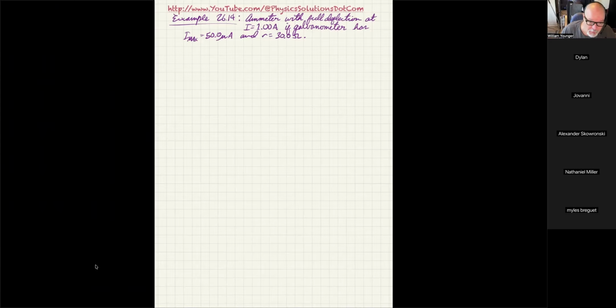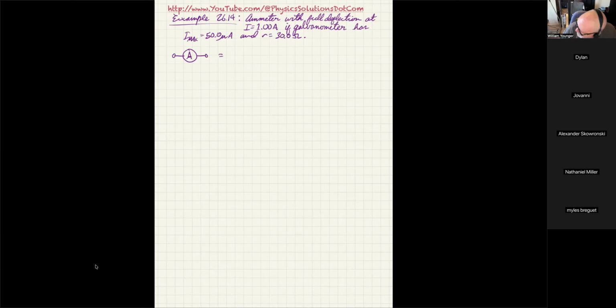So the way we make an ammeter is you're going to imagine an ammeter is like this, a circle with an A in it, and you just have two terminals to connect to it, sort of like Thevenin and Norton equivalent stuff, where you just think of it as two terminals in a black box.